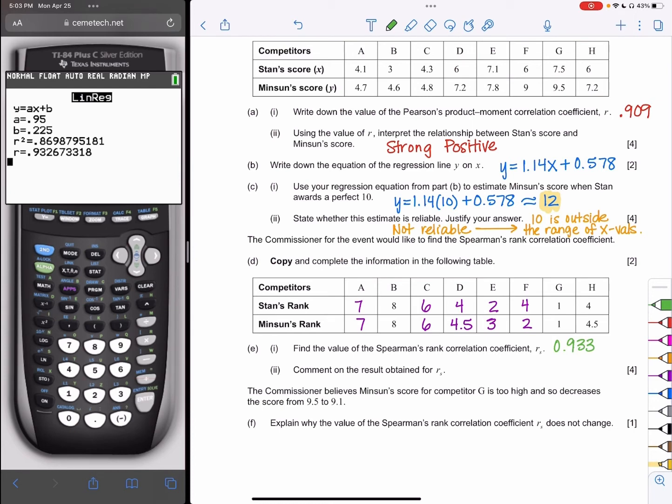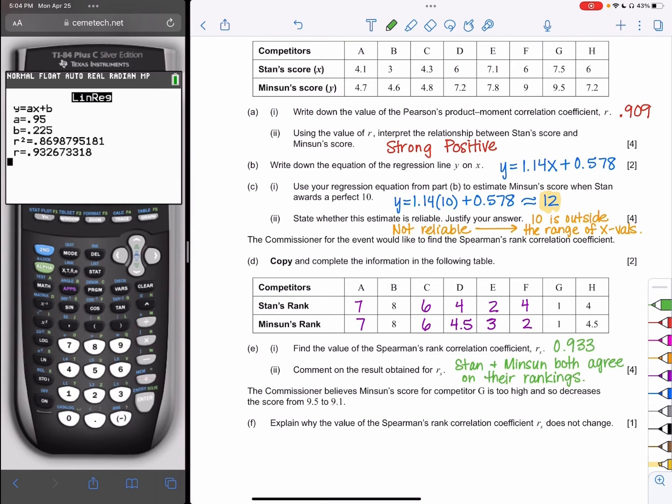As Stan's rank increases, Minsun's rank is going to increase. They correlate with each other. So that means that they agree in their rankings. So Stan and Minsun both agree on their rankings. So that's what that means.